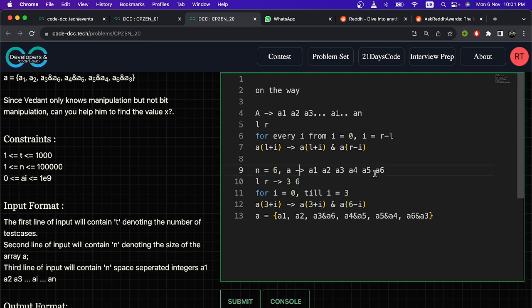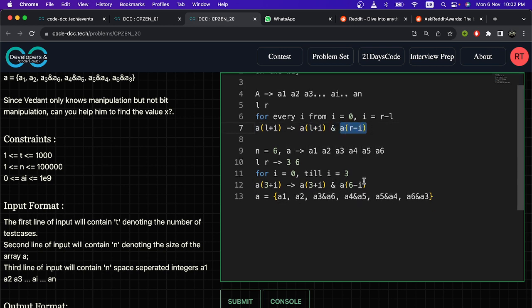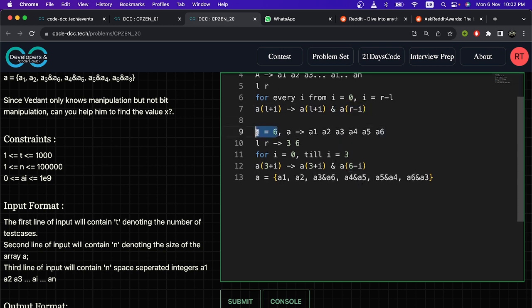What kind of operation can you do? You can choose L and R, and for every I from I equal to 0 till I equal to R minus L, just replace A[L+I] with A[L+I] bitwise AND A[R-I]. So if you have been given n equal to 6, your array will look like A1, A2, A3, A4, A5 and A6.